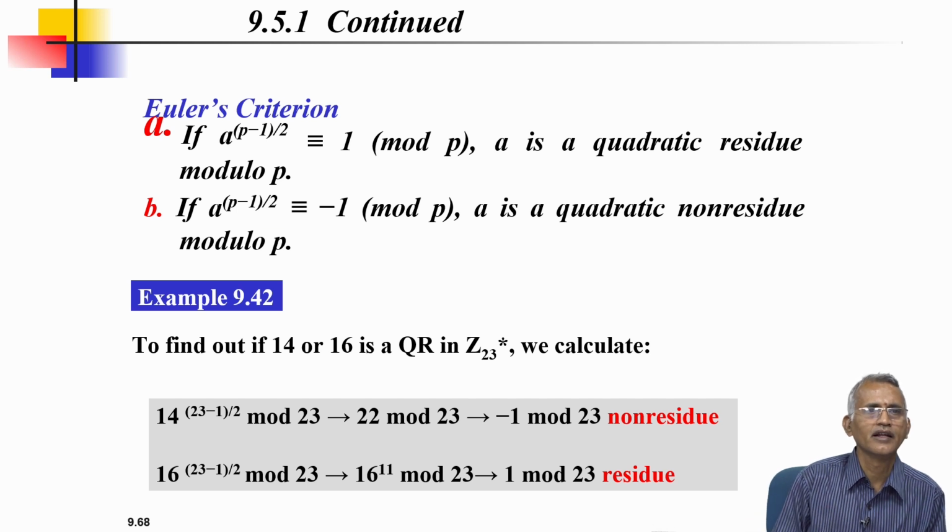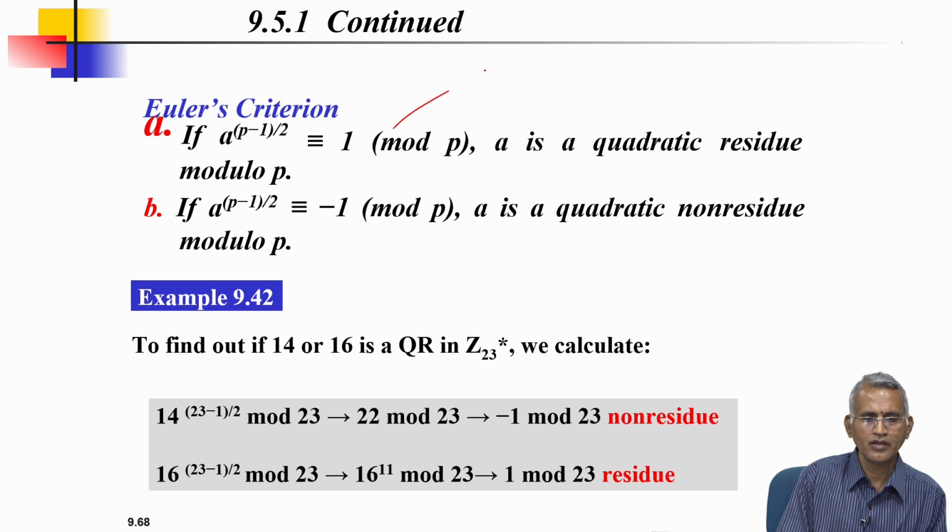Next, Euler's criterion: if a to the power (p minus 1) by 2 is identically equal to 1 under modulo p, then a is a quadratic residue under modulo p. If a to the power (p minus 1) by 2 is identically equal to minus 1 under modulo p, a is a quadratic non-residue of p.